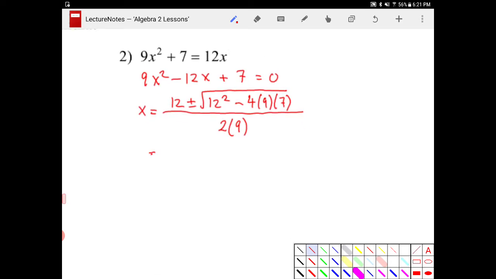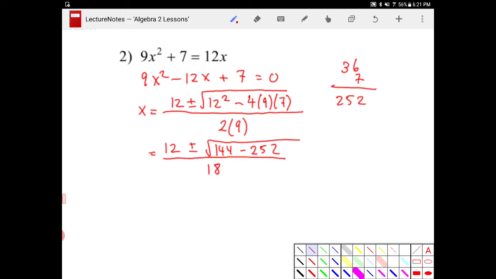We're going to continue with the simplification here. We have 12 plus or minus square root of 144 minus 4 times 9, that's 36. 36 times 7. Again, that's my Achilles heel. Let's see here, 36 times 7, so that's 252. So I have minus 252 all over 18.